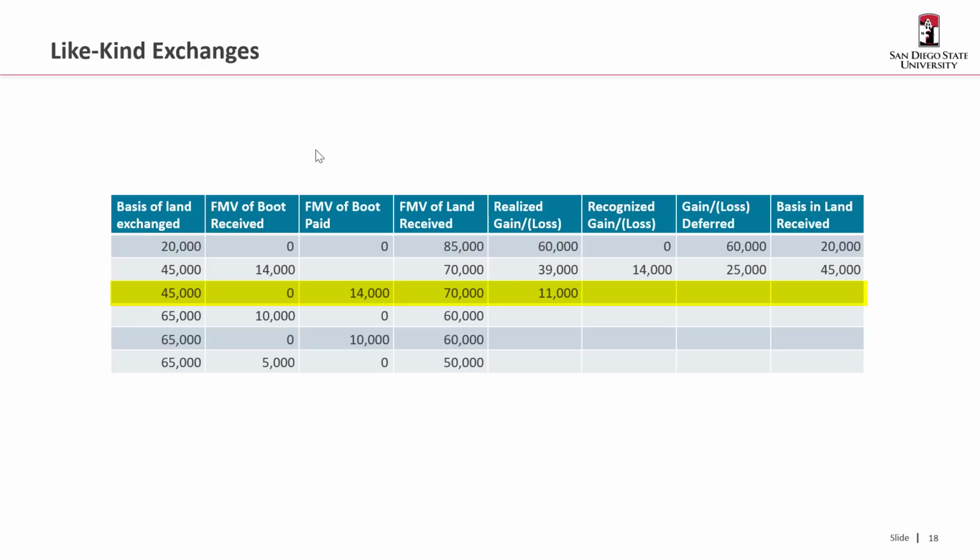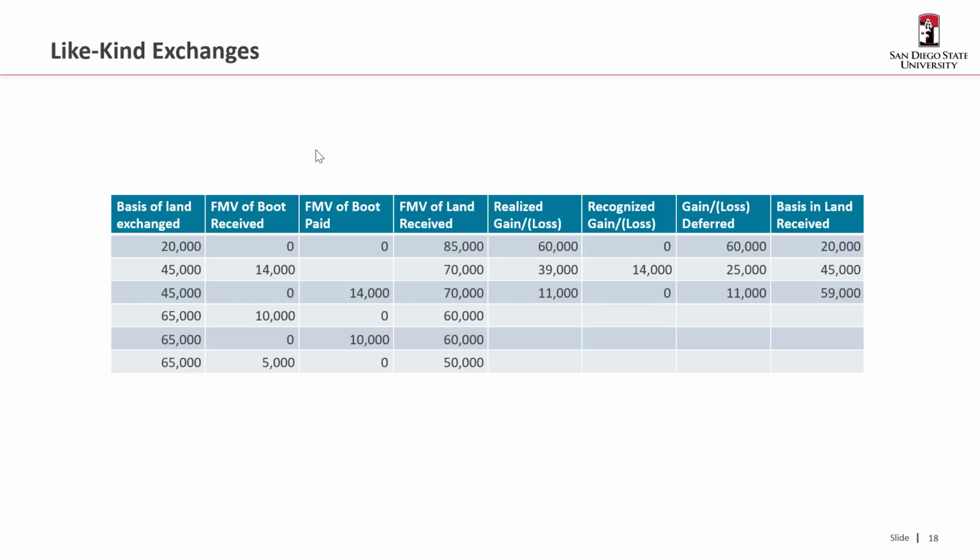Well, I recognize gain to the extent of boot received. I received no boot, therefore there's no gain recognized. All of that realized gain is deferred. That would allow me to calculate my basis in my new land received as 59,000. Think of that as either the 45 plus the 14 or the 70 minus the 11.